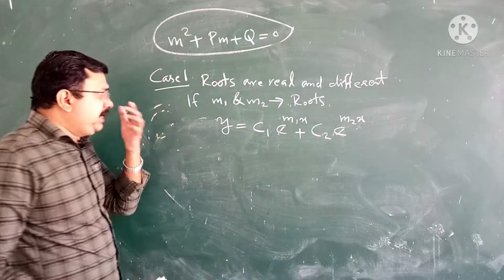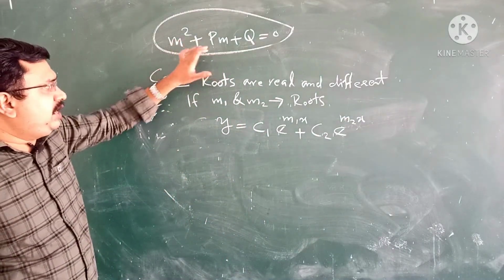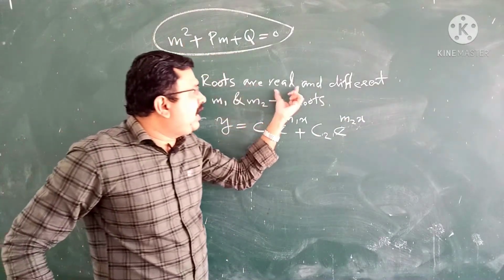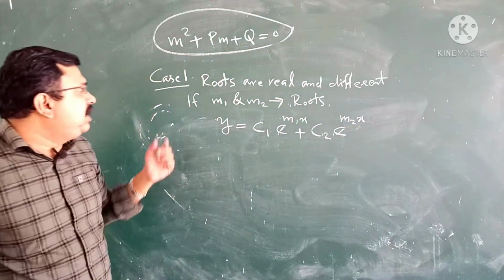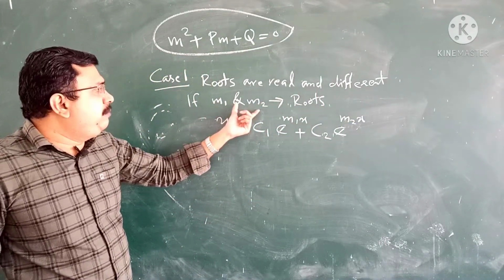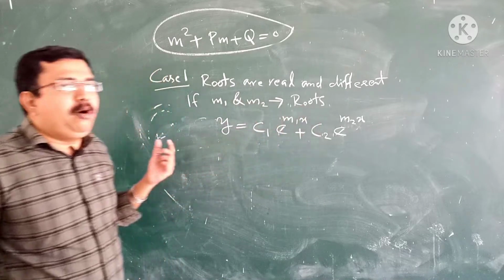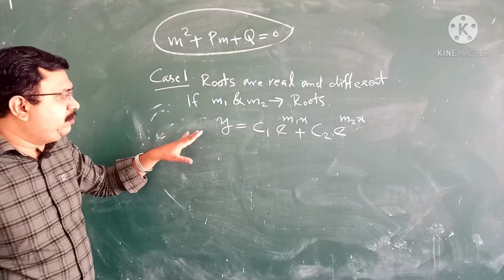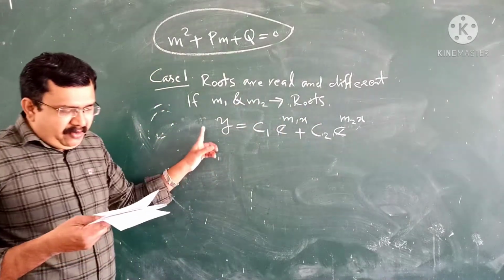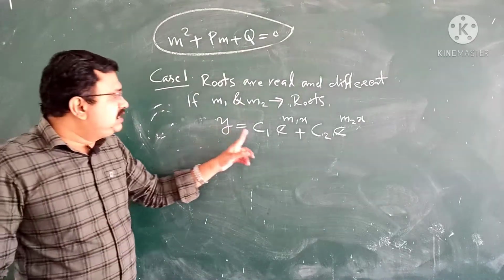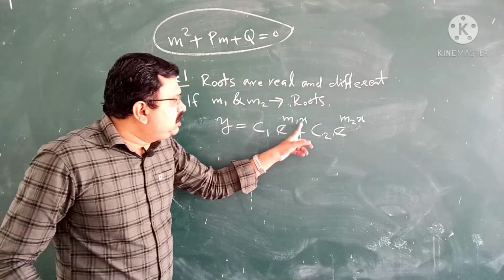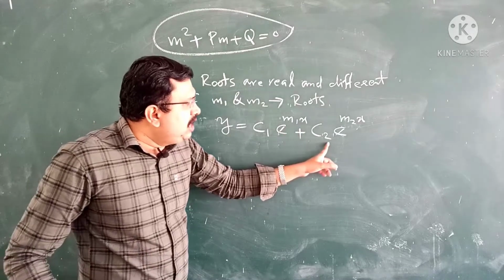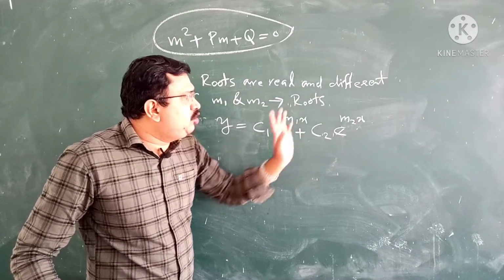The first case is in the auxiliary equation when the roots are real and different. That is, if m1 and m2 are roots, then the complementary function can be calculated by using the equation y equal to C1 into e raised to m1x plus C2 into e raised to m2x.